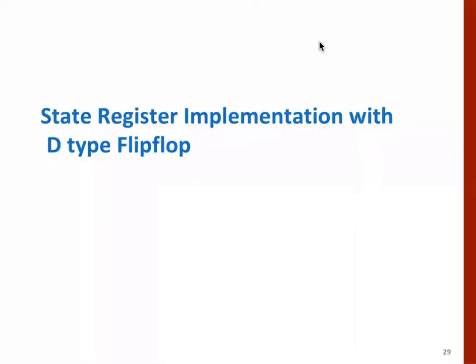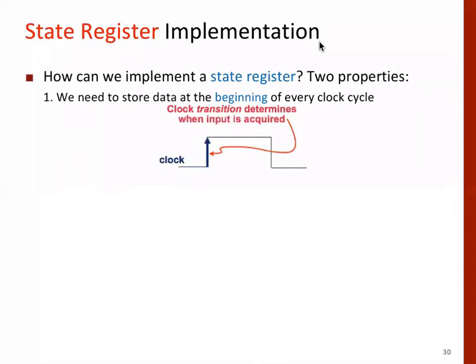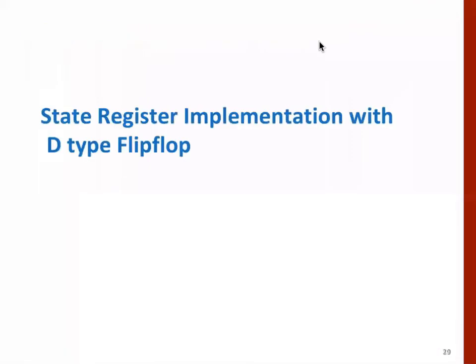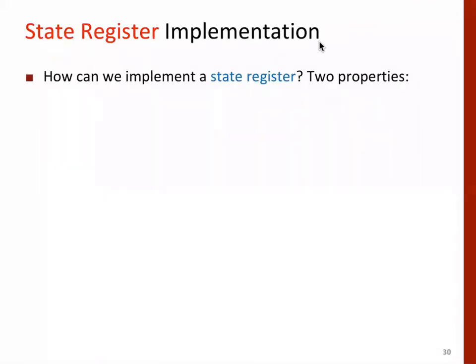We have studied the latch, and the master-slave combination of the latch. Now, in the next 5 minutes, we'll see why latches are not useful. But before that, let's go into state register implementation.